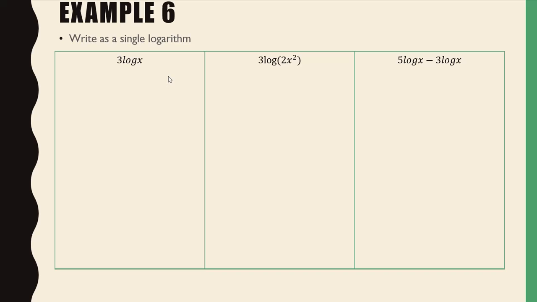If you've been following along, you probably have a little bit of deja vu here, because we're going to now write this as a single logarithm. So this time we're going to take this coefficient, and it's going to become our exponent of our argument. So it'll become log base 10 still, x cubed. Here, this 3, be very careful, it is going to go on the outside of this bracket. So it is going to be log, and then we have 2x squared, cubed.